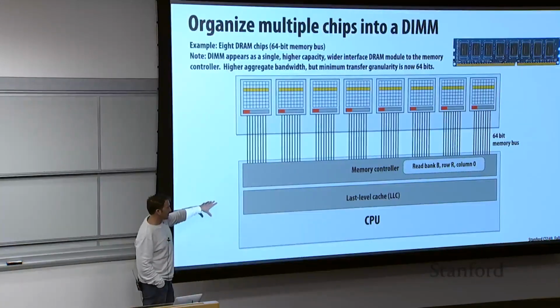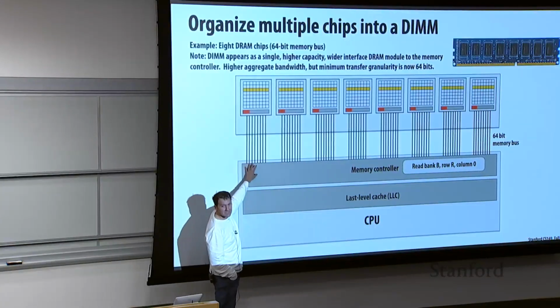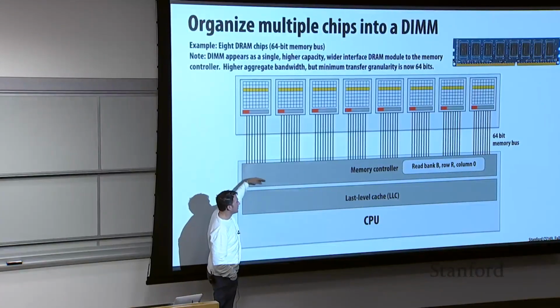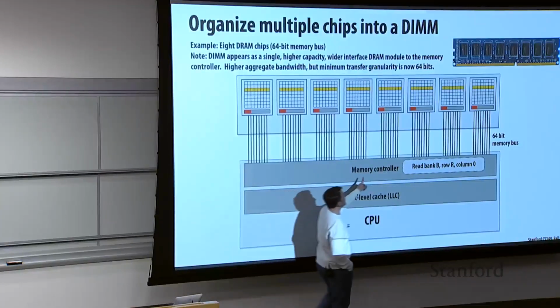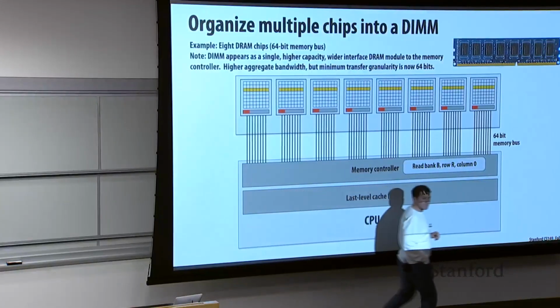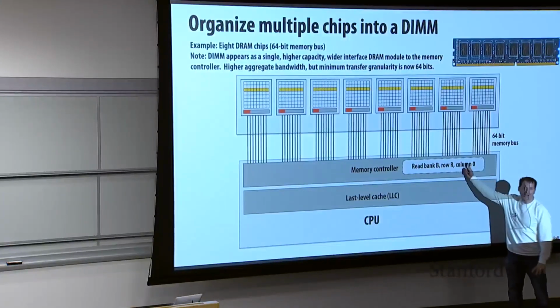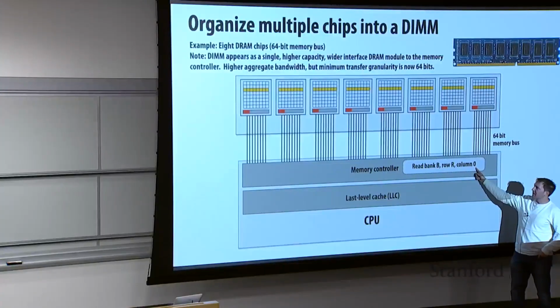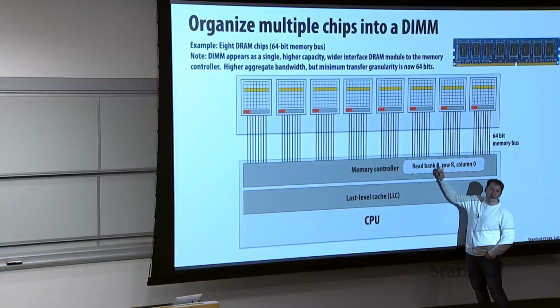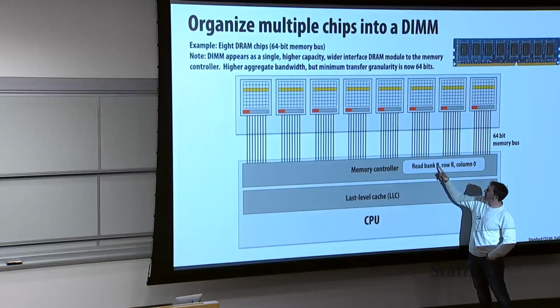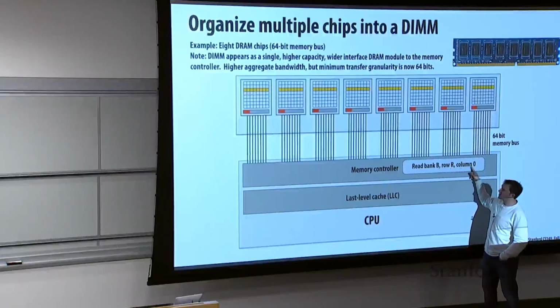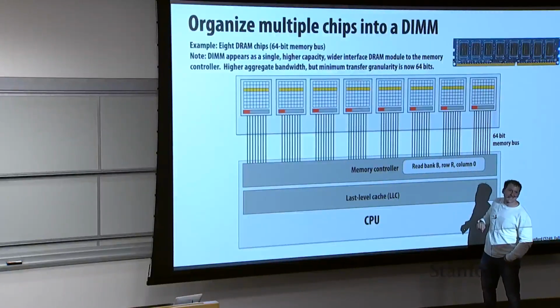Your Intel processor, your standard processor, is connected to a 64-bit memory bus. The memory controller sends a command, and that command is not "I want address X", but "I want the byte at bank B, row R, column whatever." All 8 DRAM chips get that same command.